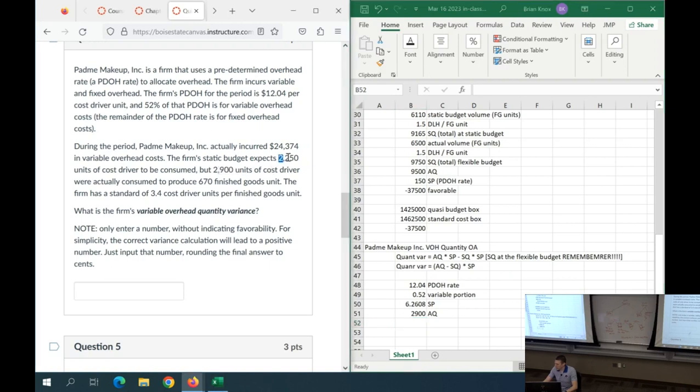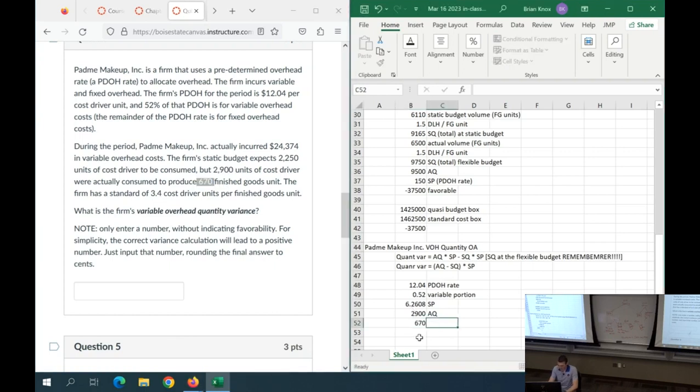Now, we'll be tempted to say, standard quantity. Don't give in to the dark side there. That's the static budget standard quantity. We're going to have to use this number and this number to figure out the standard quantity at actual production. So we actually consumed this actual quantity to produce 670 finished goods units. Oh, okay.